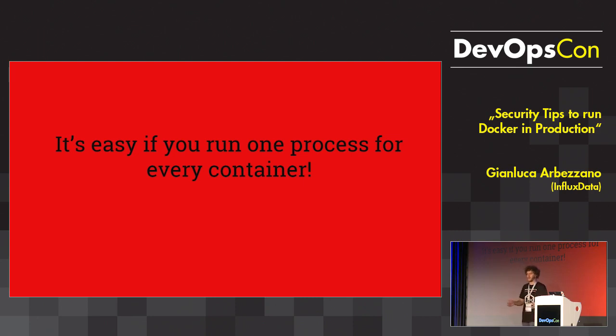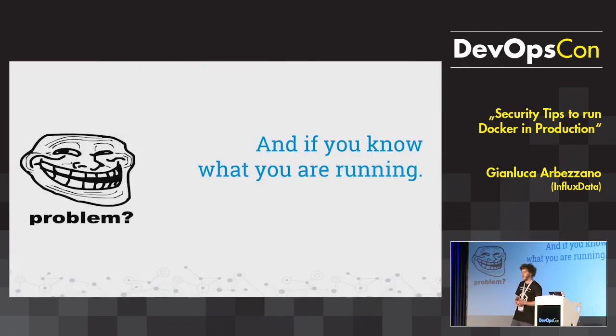If you start to run more than one process, different processes in the same Docker container, this kind of tooling is not as easy as it can be with a single process. You also need to know what you're running, and that's not always easy for us that are running so fast. We are so happy to try new tools everywhere, and it's not easy.